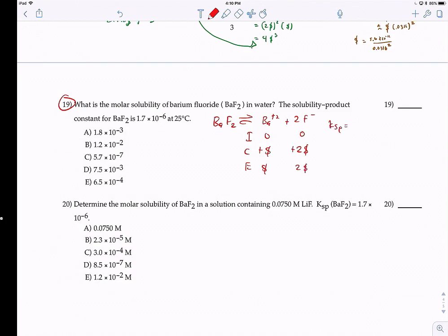Ksp is going to be barium 2 plus times F minus squared, so s times 2s squared equals 4s cubed.